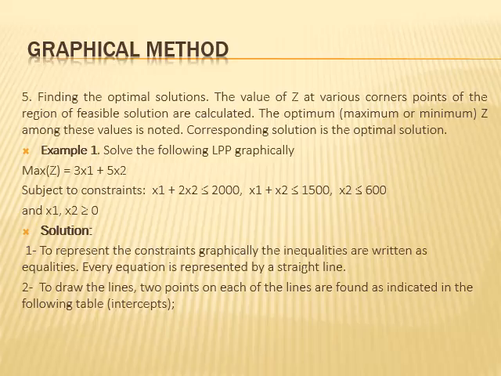Referring to the previous slides, let us add the last step 5, finding the optimal solution. The value of Z at various points of the region of feasible solution are calculated.